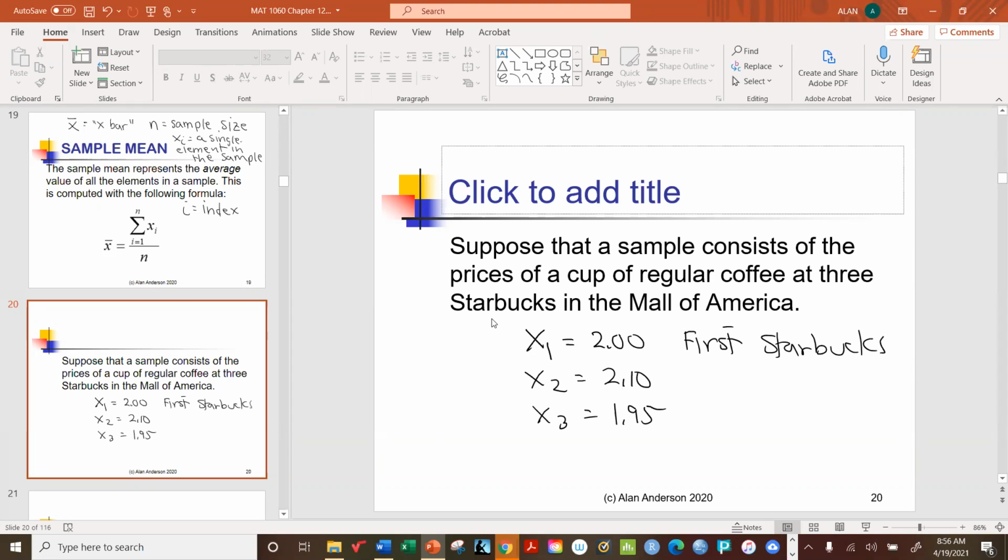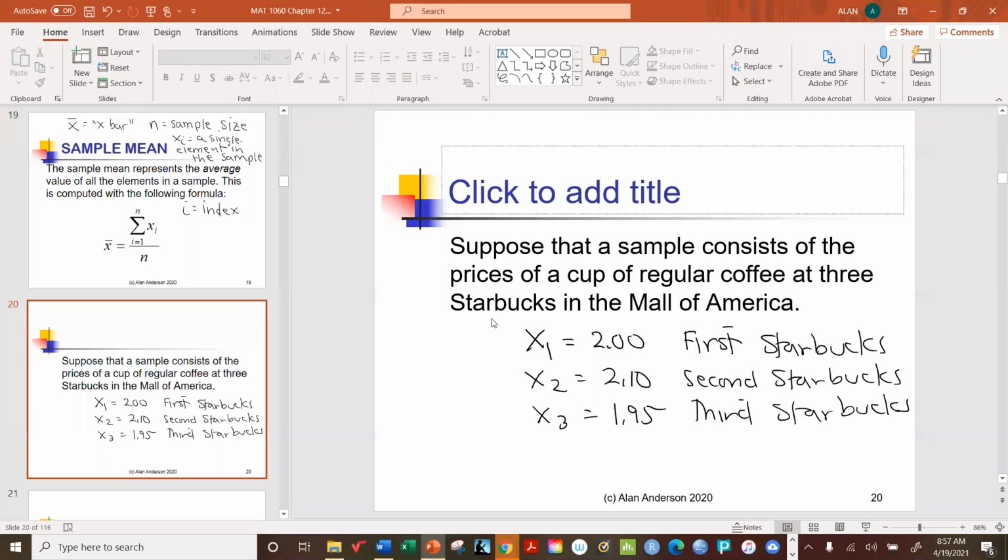And any one of them could be defined as the first Starbucks. Let's say it's the first one that you see when you walk in the door. And then the next furthest one away, the second Starbucks, is $2.10. Let's say they charge $2.10. And the third, the one that's furthest away from the front door, charges $1.95.